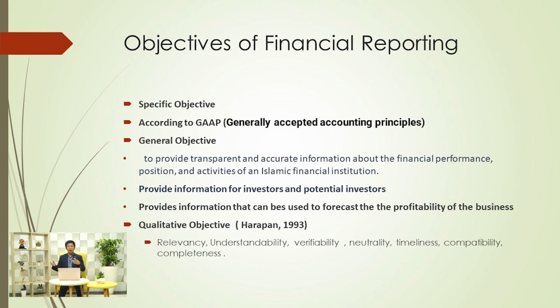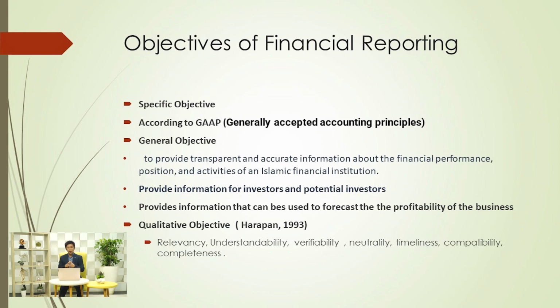So, of course, there are also some qualitative objectives. For example, relevancy, understandability, verifiability, neutrality, timeliness, comparability, and completeness. So, those are the objectives of financial reporting. So, we have the specific objective, general objectives, and qualitative objectives.